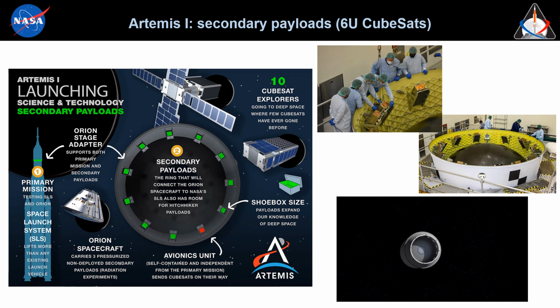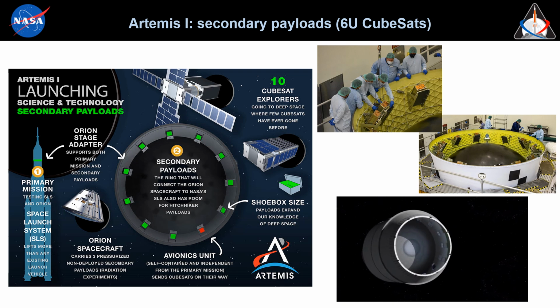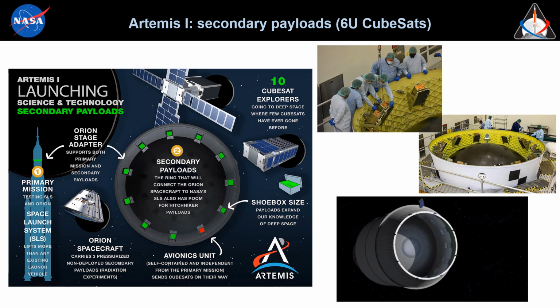During the preparation for this mission many years ago, NASA noticed that there was enough space, volume, and mass available underneath Orion. On the top right, you see what is called the Orion Stage Adapter. This is a big yellow ring, and inside you can notice those little boxes. Each one of those is one of those small satellites, including BioSentinel.